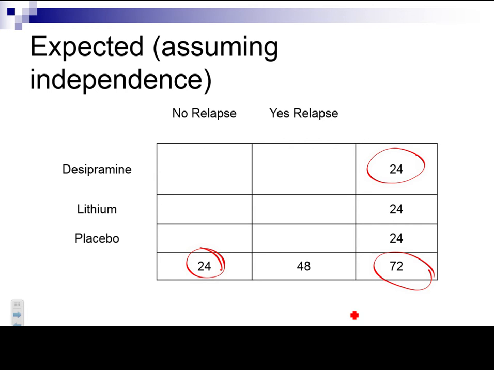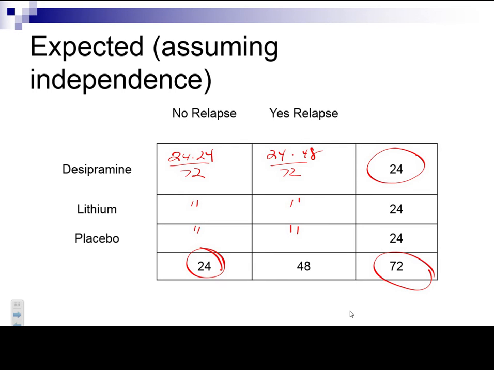So in this case, we would have 24 times 24 divided by 72. Here we would have the same deal. Over in this column, we would have 24 times 48 divided by 72. And of course, those would be the same as well. And that's how we get the expected counts.